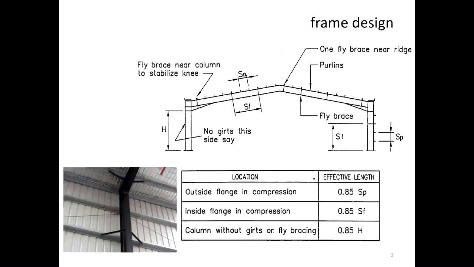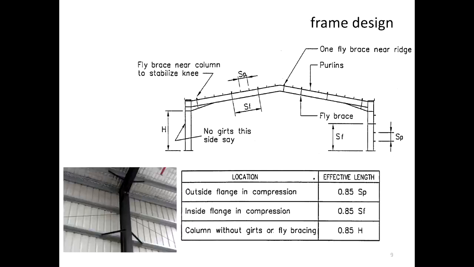So as you can see, if the load is like that, pushing downwards, that is in compression, that is the outside flange. In compression, the effective length becomes 0.85 multiplied by the spacing of the purlins. So SP is the purlins. That's what you see in there. So SP is the spacing of the purlin to purlin, and SF is the spacing from one fly brace to the next fly brace.